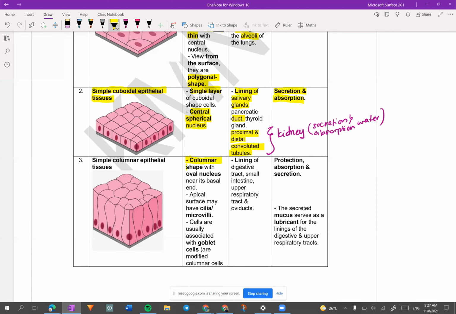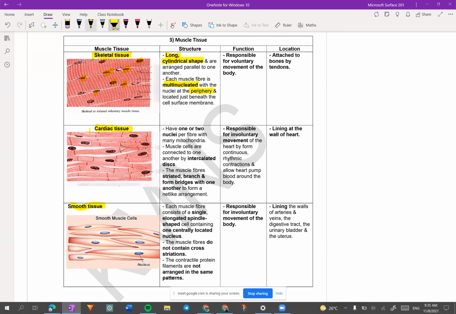Also, saya nak tambah structure dia, dia bersifat apa nama tu? Stratified. Okay, dia stratified, which mean dia berlapis-lapis.